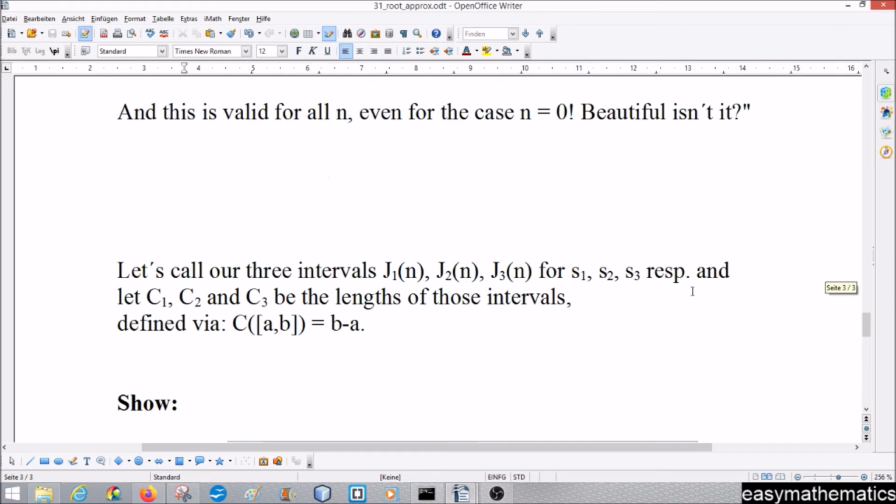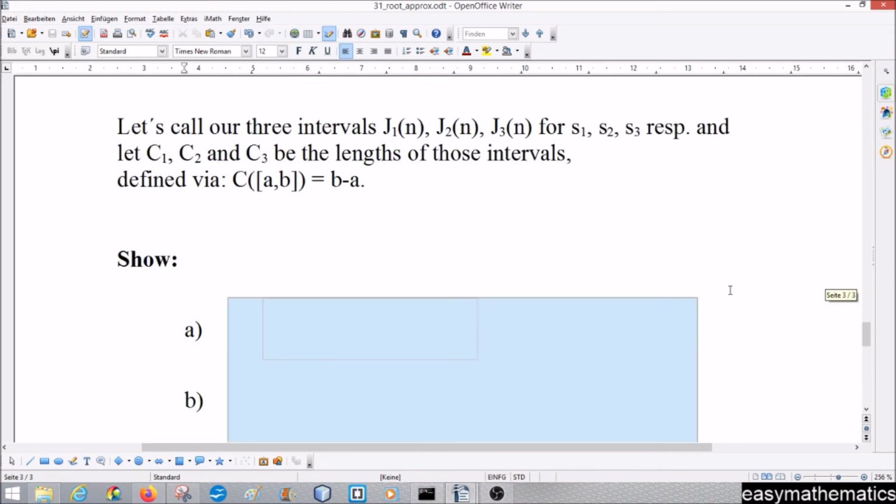So this was the conversation. And now let's call our three intervals j1 of n, j2 of n, j3 of n for the functions s1, s2, s3 respectively. And let c1, c2, c3 be the length of those intervals, so the cardinality of an interval from a to b is b minus a.